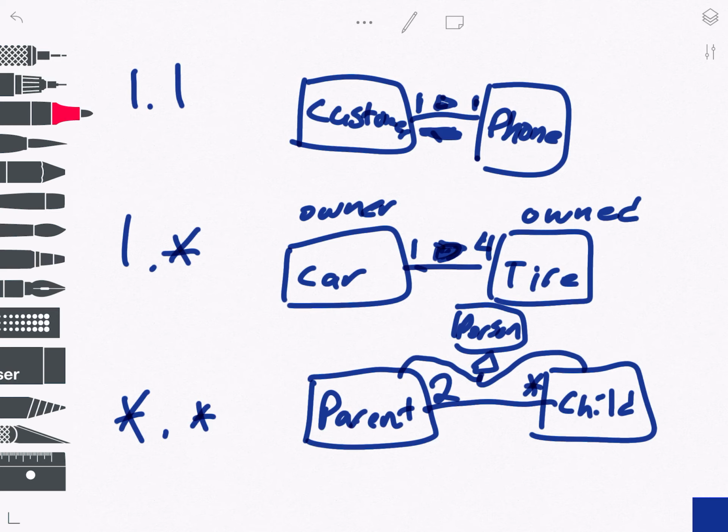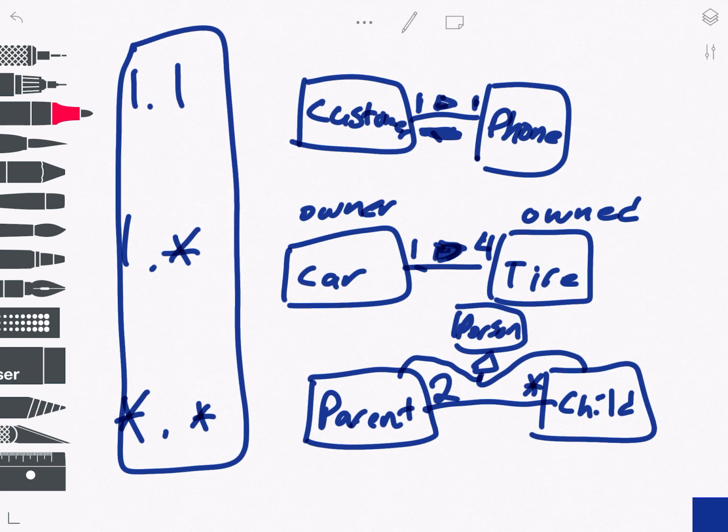But the main point I'm trying to make here is that this is a different type of relationship, right? So remember, these that I've described over here, these are types of has a relationships. So a customer has a phone, a car has tires, a parent has a child, right?